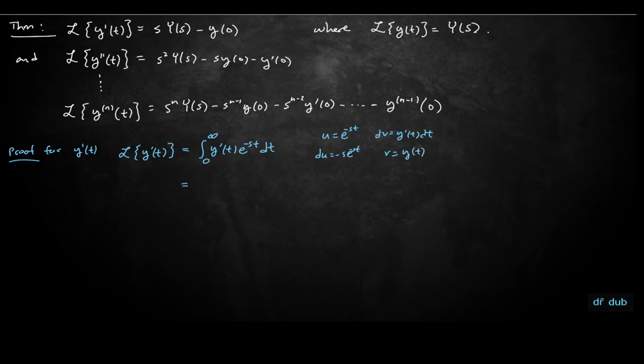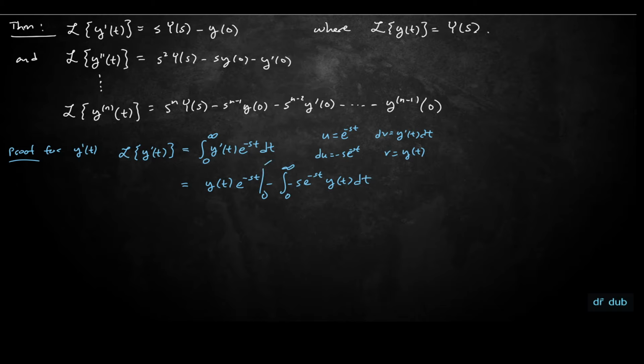So this thing is going to be y of t e to the negative st, minus the integral of negative s e to the negative st times y of t dt, from 0 to infinity.